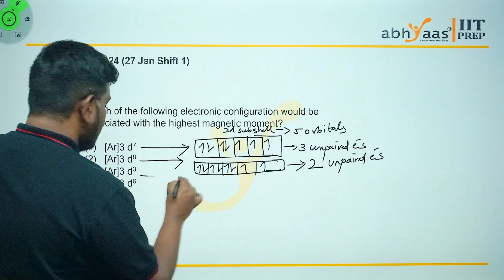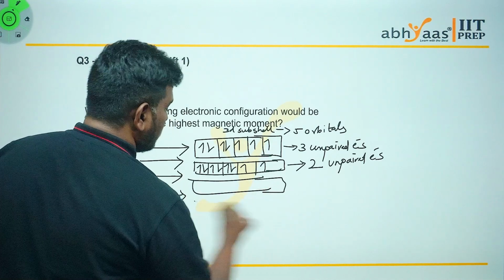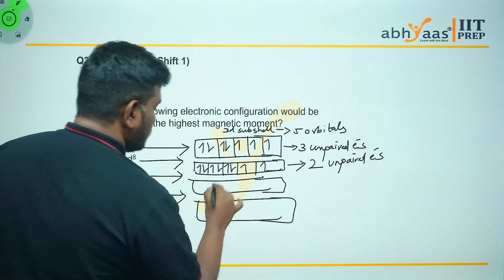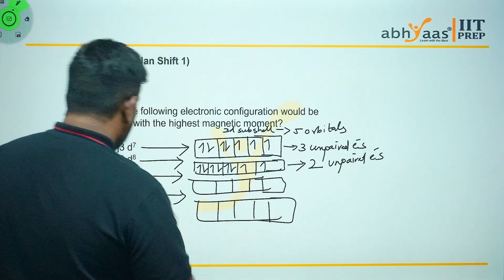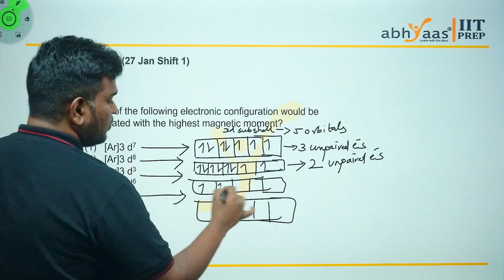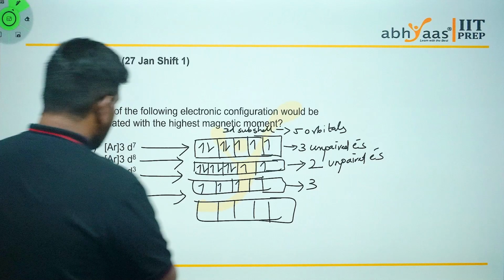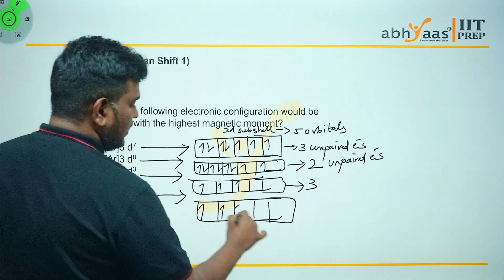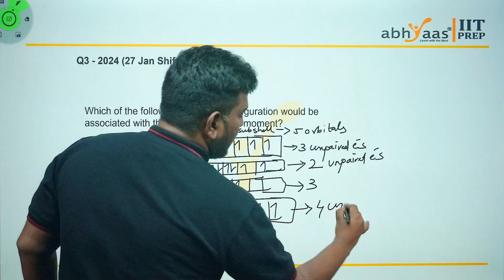Now going to the third one and fourth one, in the same manner we can find the number of unpaired electrons. So it is 3d3: 1, 2, 3, so you have 3 unpaired electrons. Here it is 3d6: 1, 2, 3, 4, 5, 6, so you have 4 unpaired electrons.